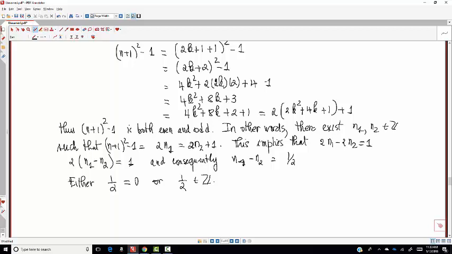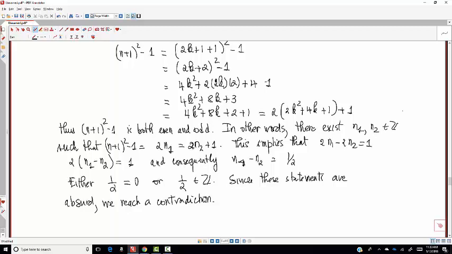And both of these statements are false, since these statements are absurd, we reach a contradiction, which means that our assumption is false.